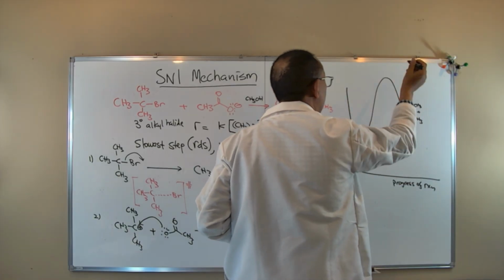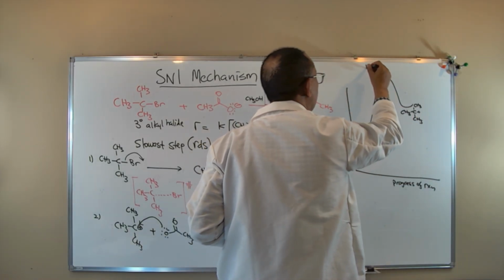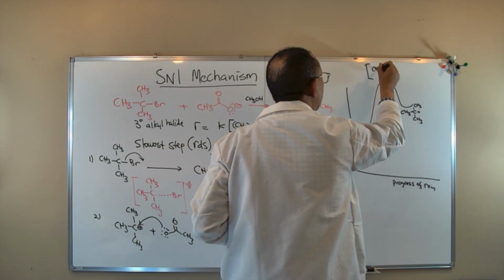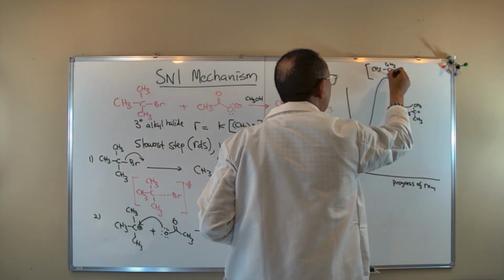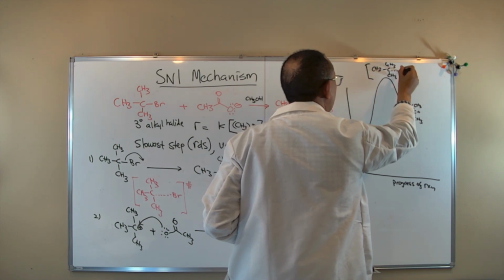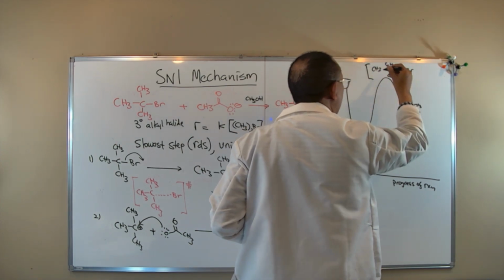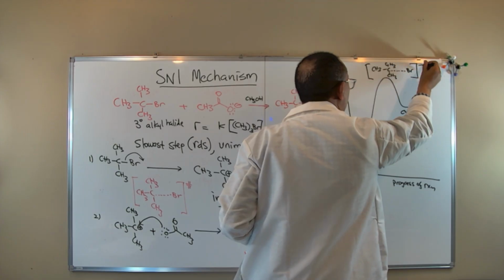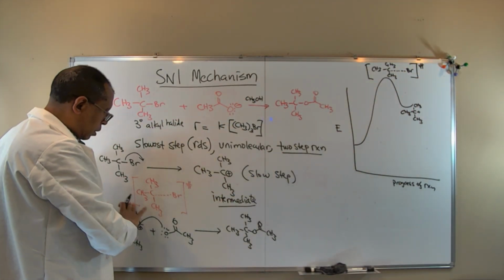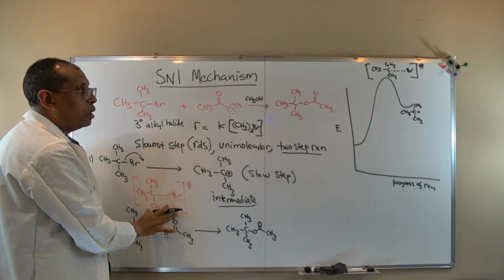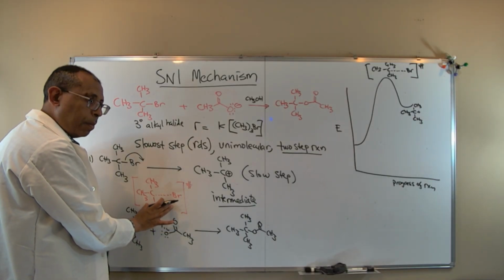But here the transition complex is where it is almost homolyzing. The bond is elongated and it's about to break. This is the formation of the intermediate, the transition state complex.